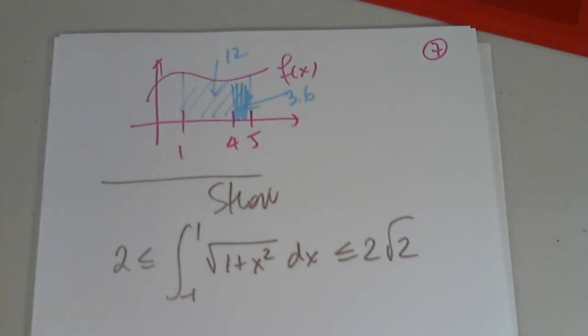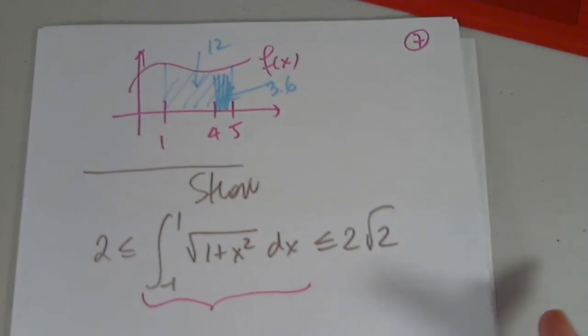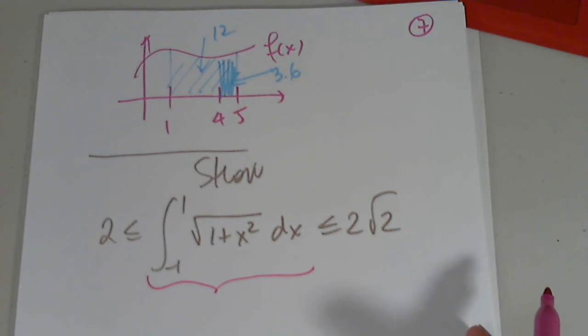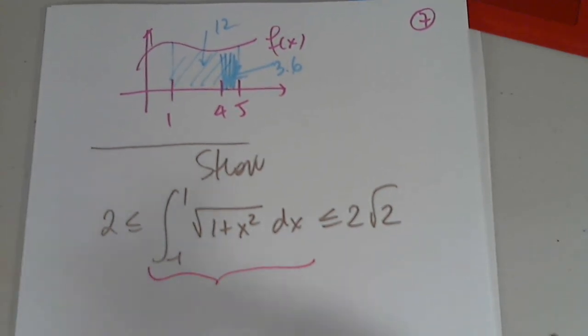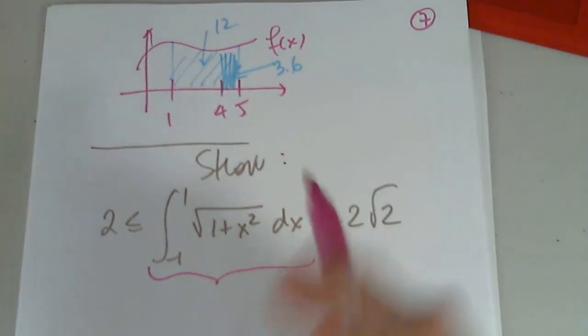At this point, we don't know how to determine this anyway, so we wouldn't be able to do anything other than use the properties. So we're asked to show that this is true.